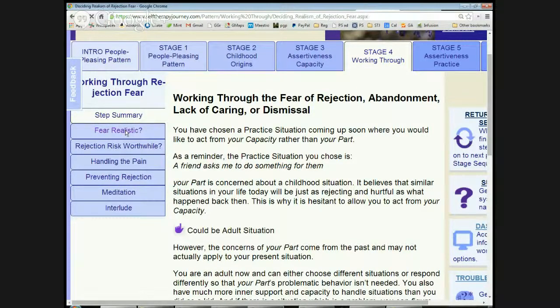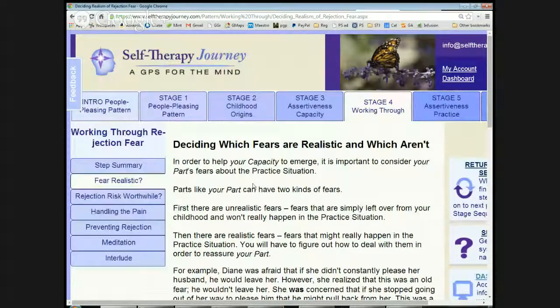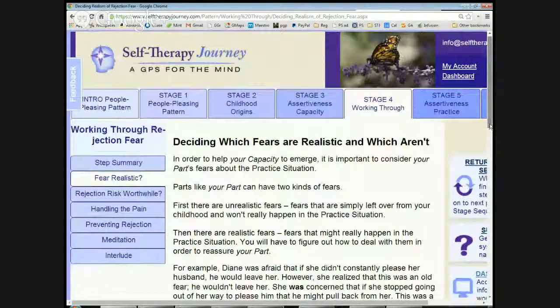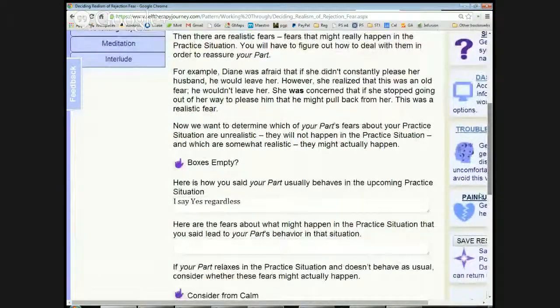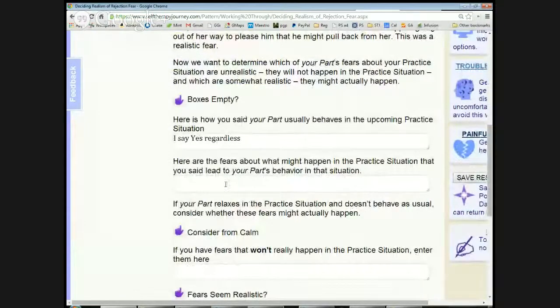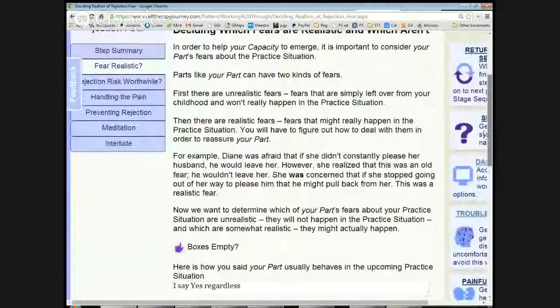And then there are 3 additional pages. Well, the first page here is where you decide whether the fear is realistic or not. It explains what that means, and you type in what the fears are, the realistic fears and the unrealistic fears. And then there are 3 pages for dealing with realistic fears.